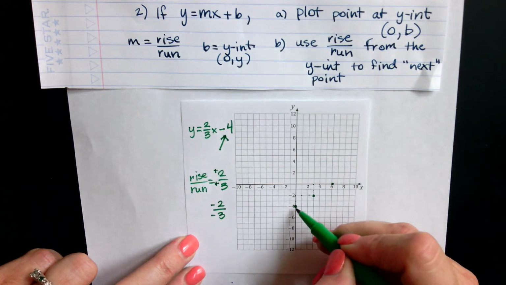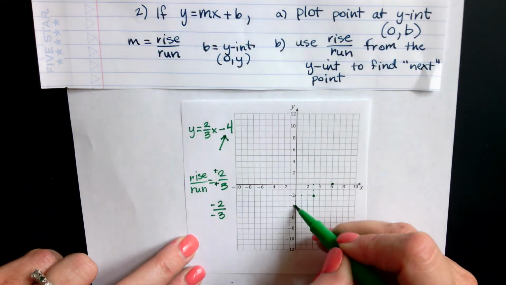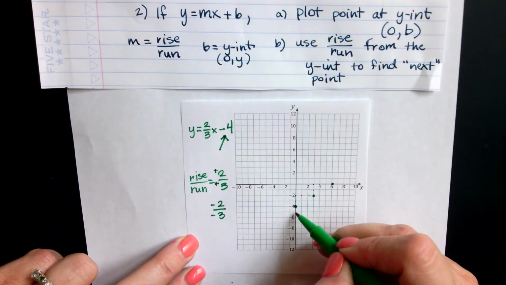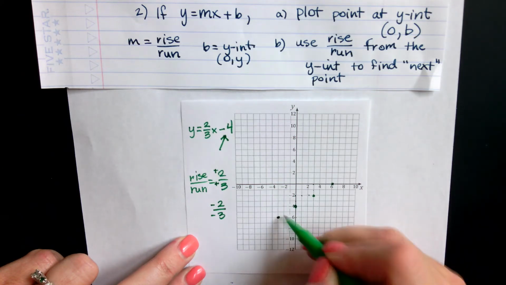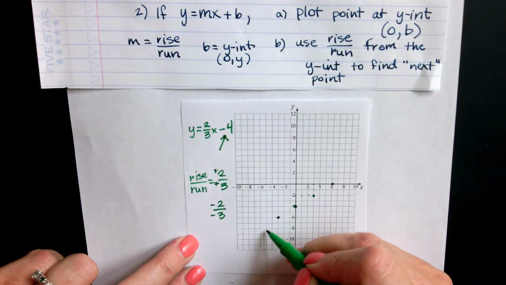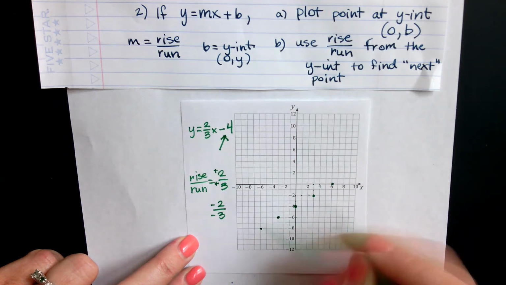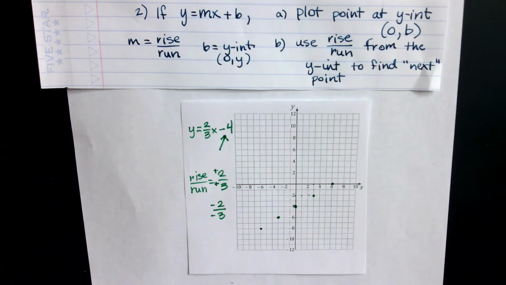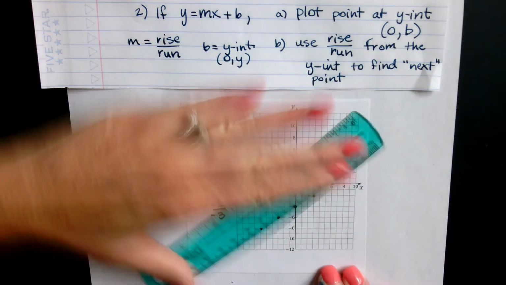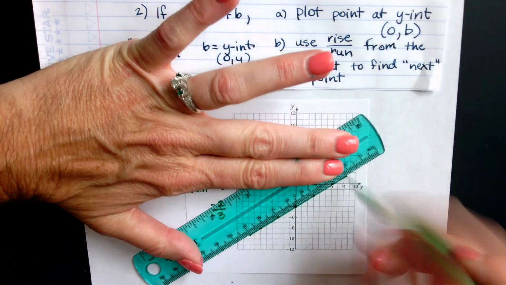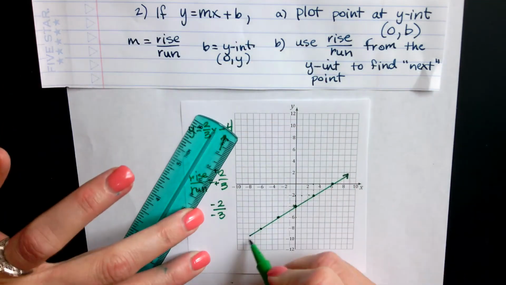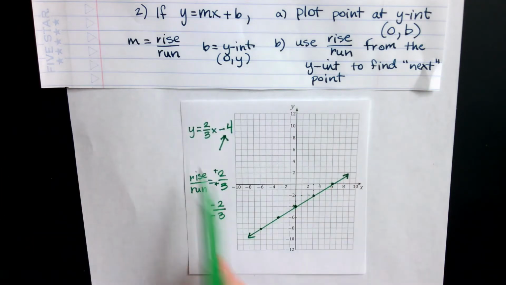And what I mean by that is, if I go back to my starting point and I rise a -2, which means go down 2, and then I run a -3, which means to the left 3, you can see down 2 to the left 3 continues this pattern. So this is another strategy you can use to graph linear equations. And I find this comes in handy if your equation is written in slope-intercept form.